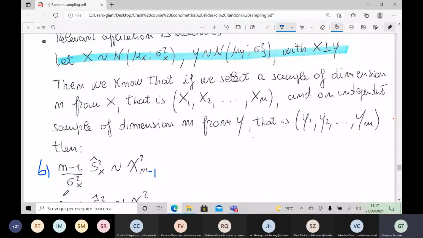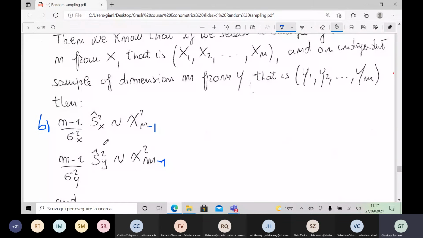So again, since Y is normal, and this is a random sample, we have a similar result concerning Y. In particular, we have S hat Y square times what? Which is the dimension of this second sample?